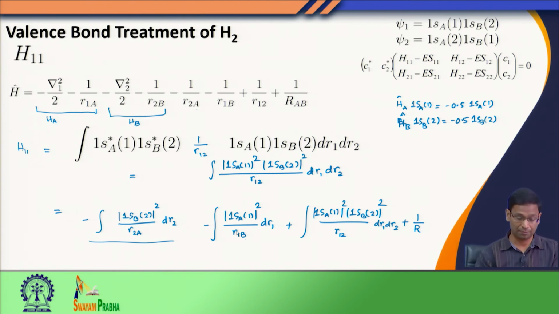Now, what we have got in this H11, just to remind you, the first term gave me minus 0.5, this Hamiltonian H_A, this term gave me minus 0.5, and now I am left with some Coulomb integrals. So, I call them together a function J, which will have dependence on capital R. Why is it so?